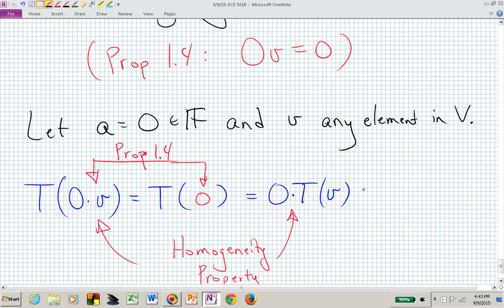So again, applying proposition 1.4 to this equality, where now you're viewing this as some vector W, you now have W scaled by 0. What's going to be the result? That's now this 0 vector in the output space.